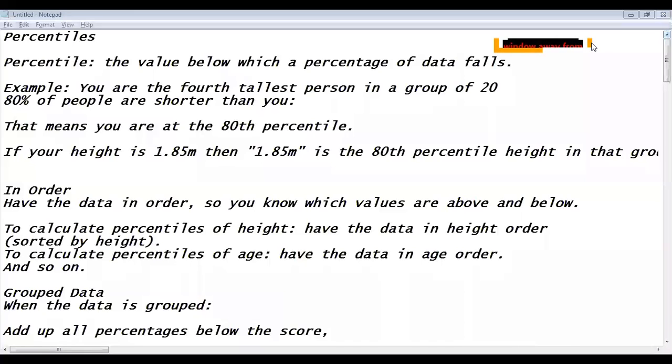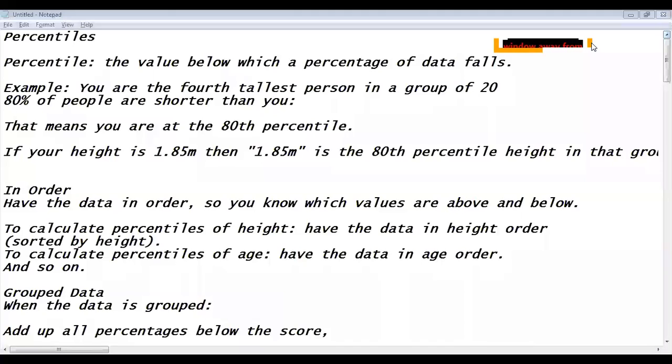The first part is 20%, the second part is one more 20%, the third part is again 20%, the fourth part is again 20%, and the fifth part is one more 20%. So these 20% groups make 100% of the group, correct? You can call one group 20% of the group.